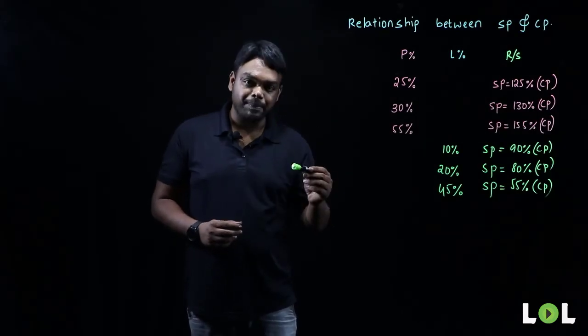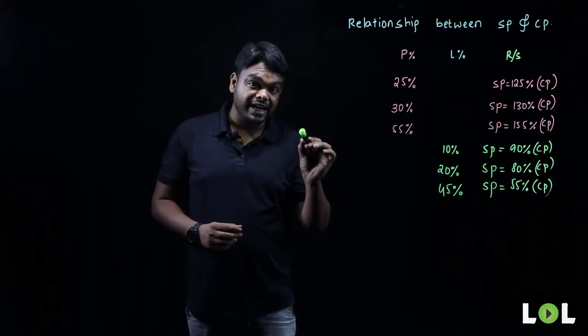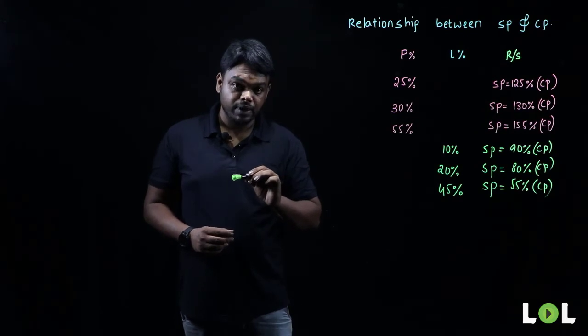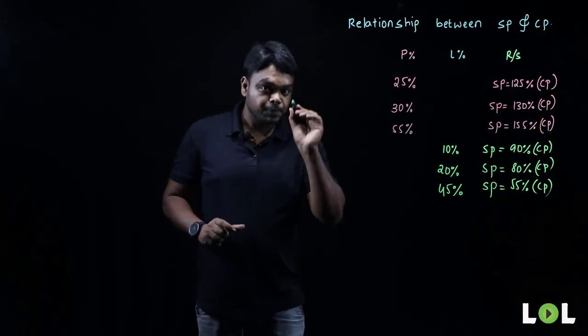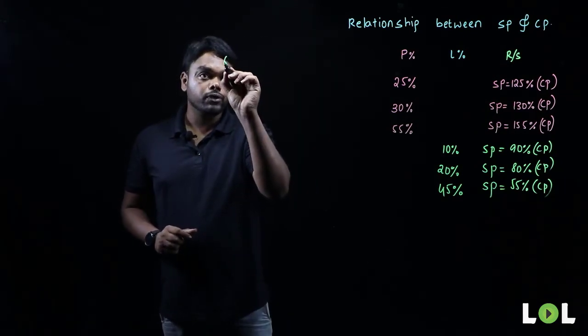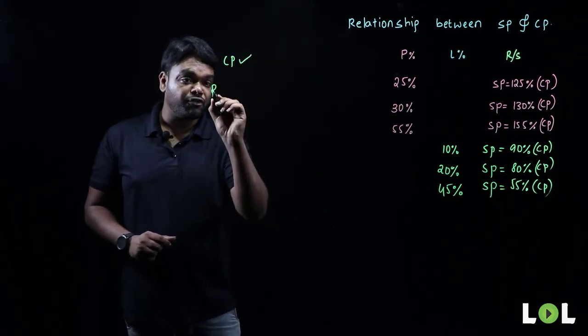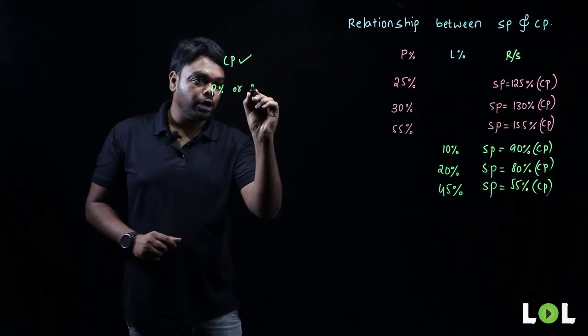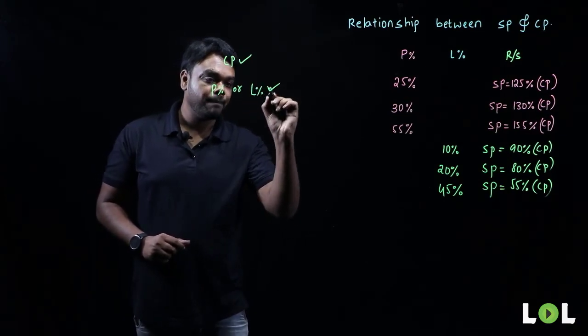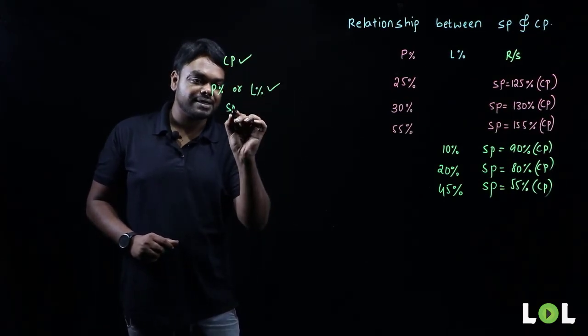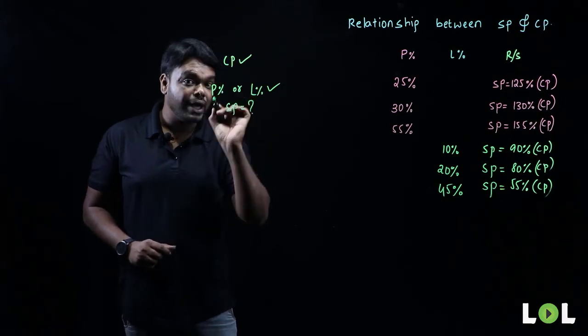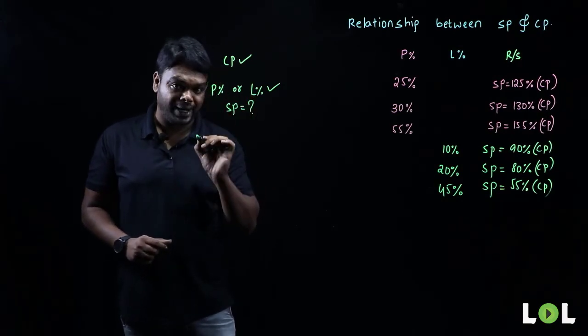Now let us wrap it up by finally understanding when to use increase or decrease and when to use the relationship. It's pretty simple. Whenever cost price is given, profit percent or loss percent is given, and you need to calculate selling price, then you have to modify the cost price.